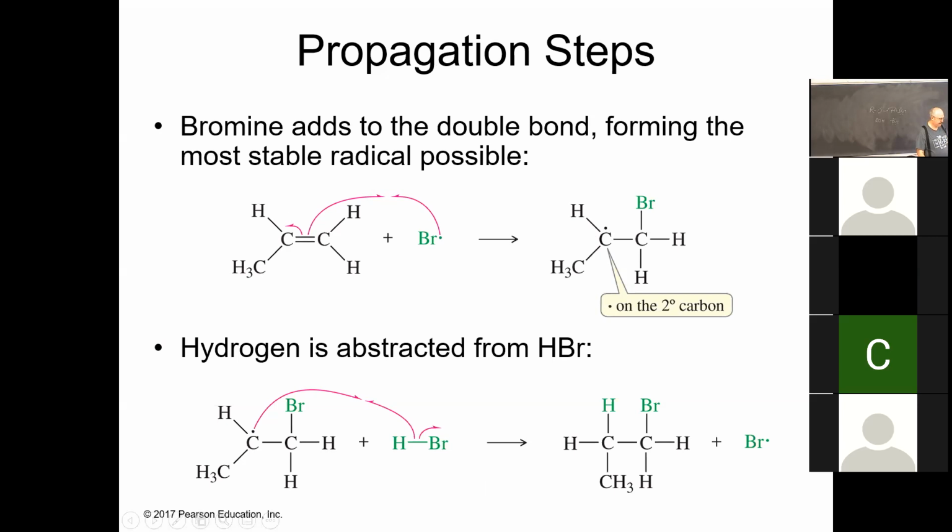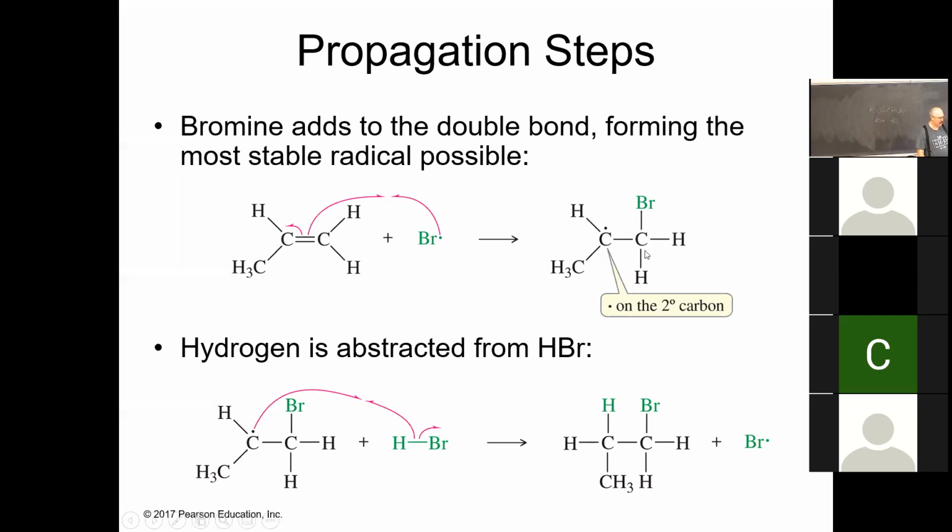And then from an HBr molecule, this free radical removes a hydrogen. Notice as we go back here, H actually goes to carbon number 2, not to carbon 1. And the reason is that bromine goes to carbon number 1. Let's try that again.